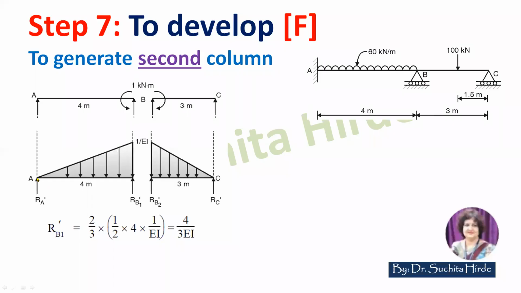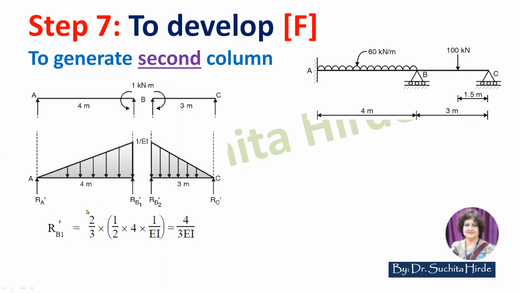By taking moment about A equal to 0, you can calculate RB1 dash. What will be the equation? RB1 dash into 4 is equal to the moment of this multiplied by 2/3 of 4. So 4 will get cancelled. Therefore, I have not written 4 here. So you will get RB1 dash as 4 upon 3 EI.